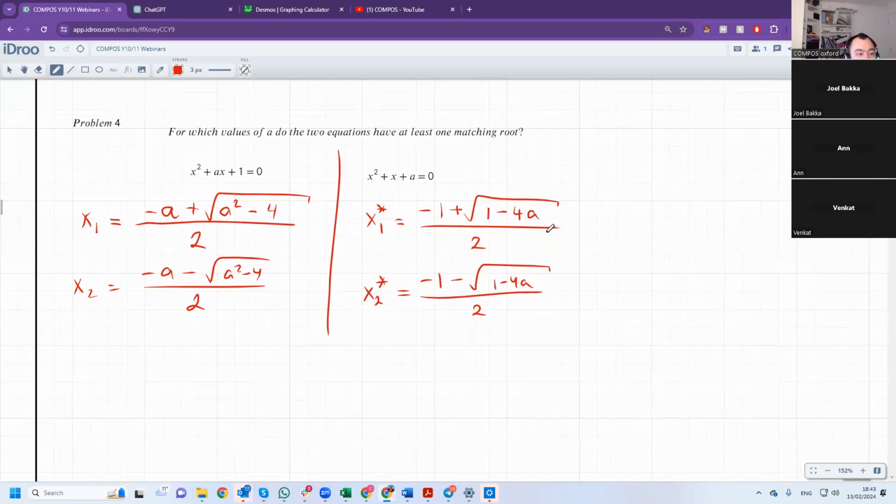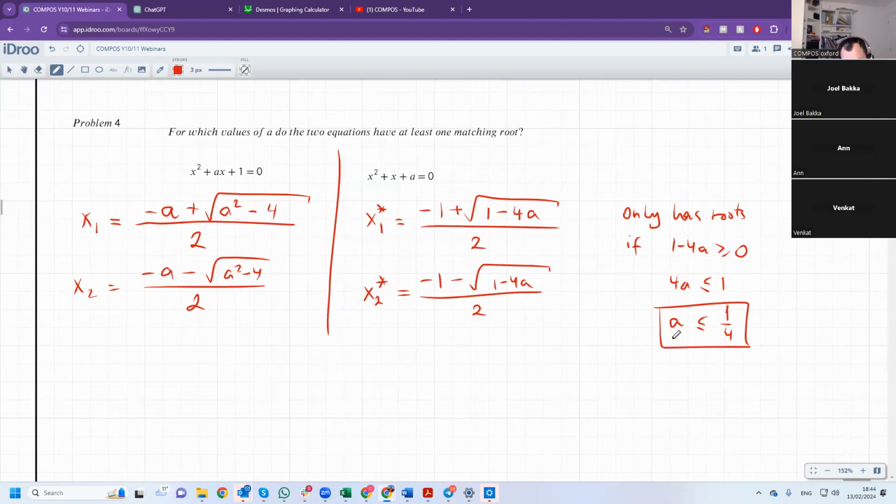You can see that for this one, it only has roots if 1 minus 4a is positive. That means 4a must be less than 1, so a must be less than or equal to a quarter. So it only has roots if a is less than or equal to a quarter. If a is more, then it doesn't have any roots.